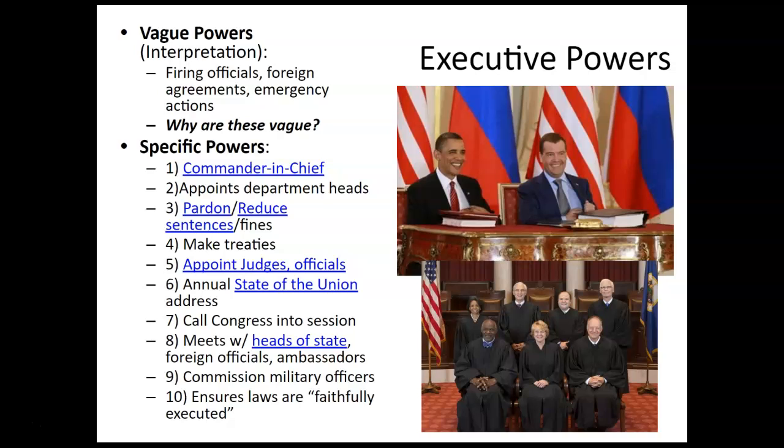And we're seeing a lot of people push back or be controversial about executives using their emergency powers, with President Trump first being the issue of the migrant caravan and the border wall with the funding and all that kind of stuff, or even during this COVID coronavirus pandemic, people pushing back against emergency actions by the president, or our governor here, Governor Whitmer, people pushing back and not necessarily agreeing with how they're using their emergency actions, whether they're doing it correctly or not.